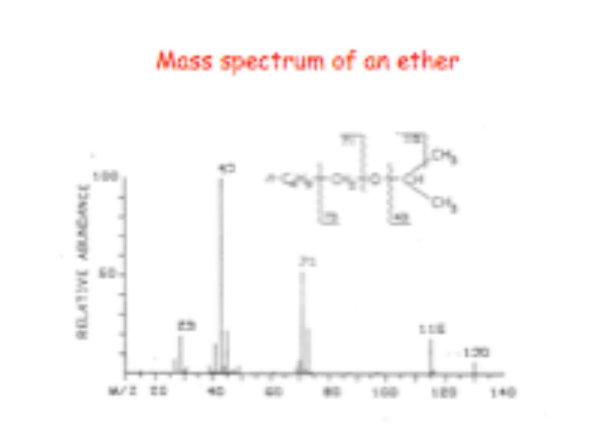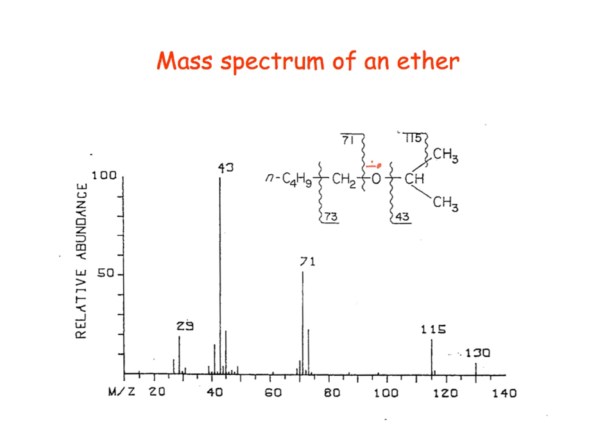We've got the ether here, where it can ionize. This just shows the cleavage, so the ones out here, 115 and 73, these are the alpha cleavages. And the ones right next to the oxygen, those are the cation initiated, so 43 and 71.